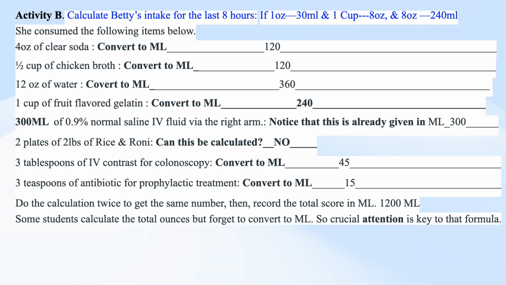Convert it to ml because the answer must be recorded in ml. What they sometimes forget to do is to convert that total ounce to ml, and then they get the answer wrong. So sometimes they do know what they are doing, but they just forget that conversion, and it kind of makes them fail.